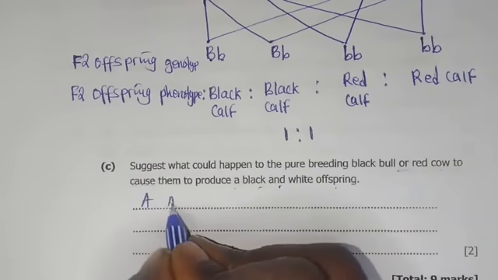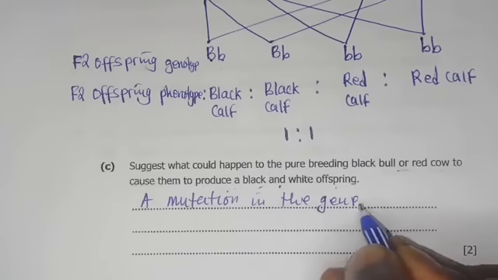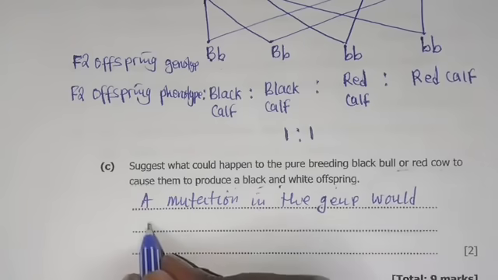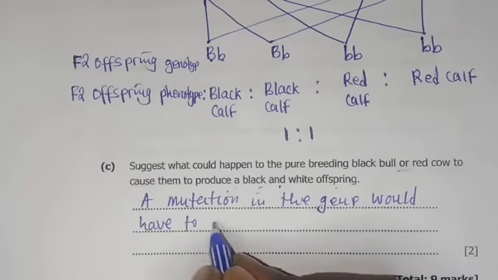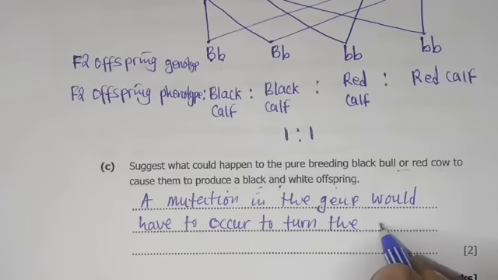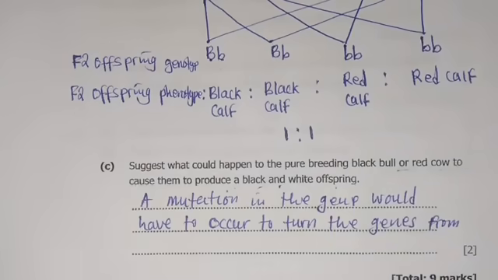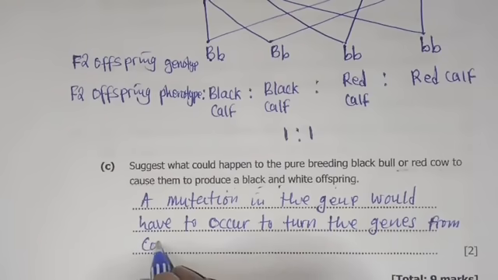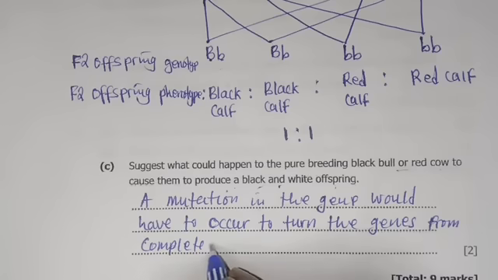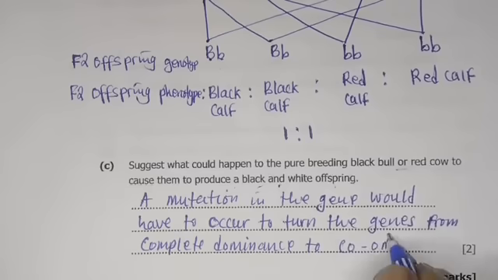So we are saying a mutation in the gene would have to occur to turn the genes from complete dominance to codominance. Yeah, it's supposed to be codominance.